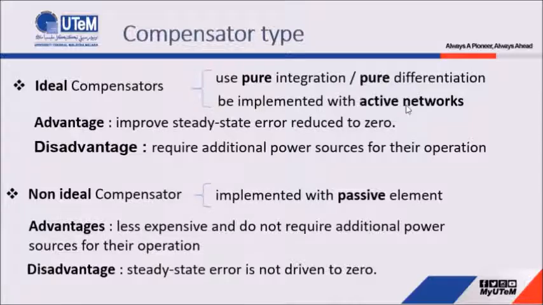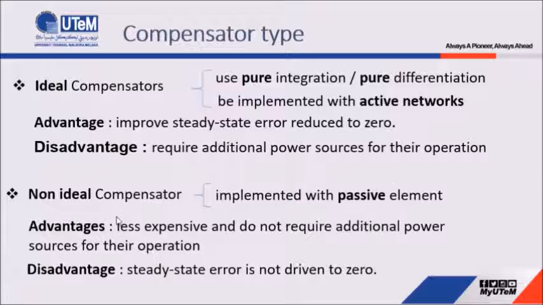Active circuit means a circuit that includes components that deal with a power supply. The advantage of this ideal compensator is that it can improve steady state error, which means it can eliminate the error so that the steady state error becomes zero. The disadvantage of this kind of compensator is that it requires an additional power source for its operation.